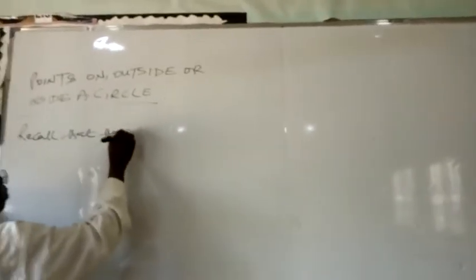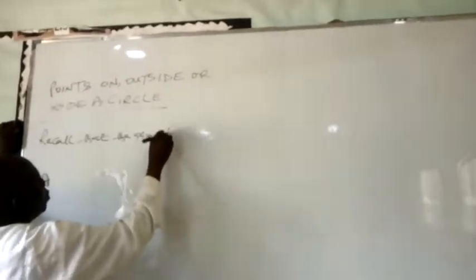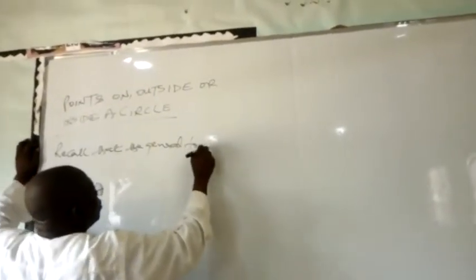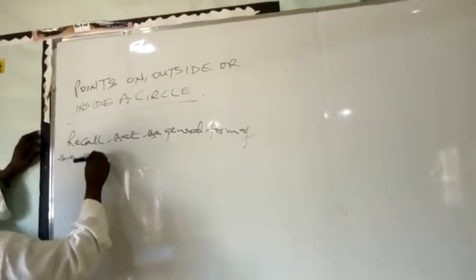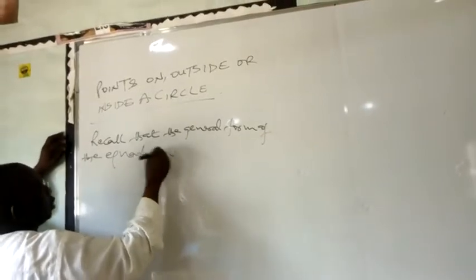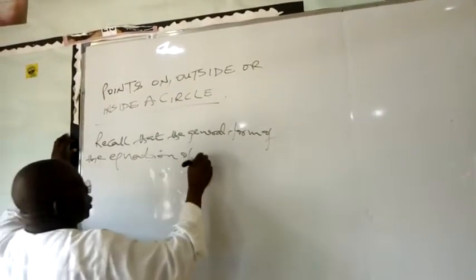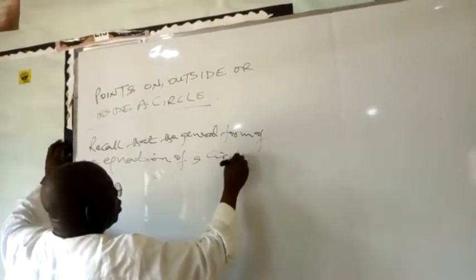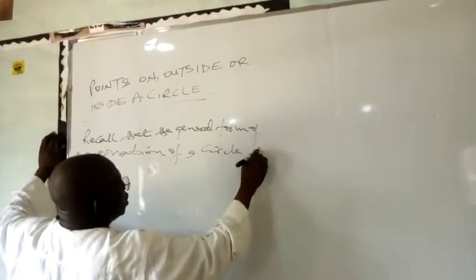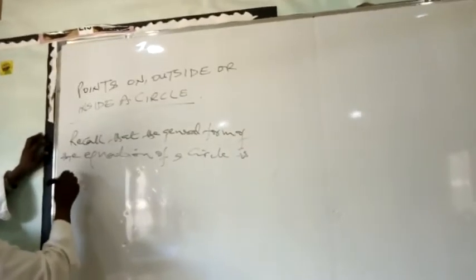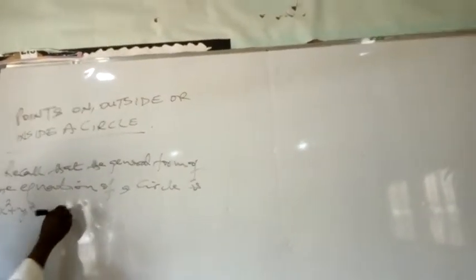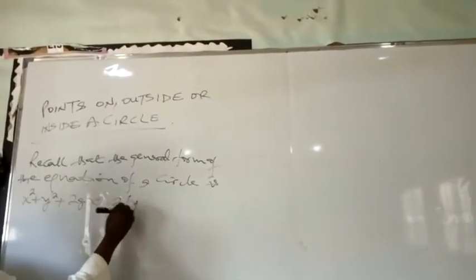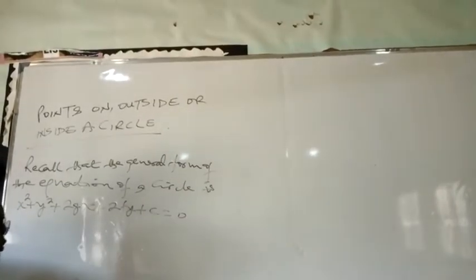Recall that the general form of the equation of a circle is x squared plus y squared plus 2gx plus 2fy plus c is equal to 0.